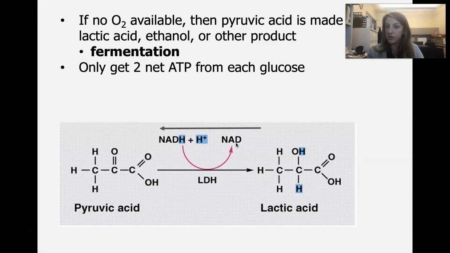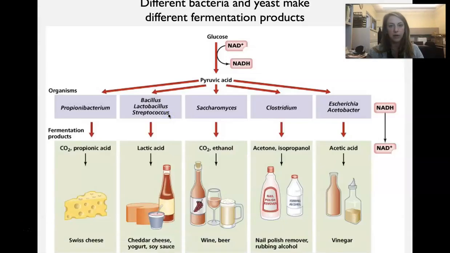And so bacteria do this too, where they're relying almost entirely on anaerobic respiration in some cases. We also use this process in bacteria and yeast to make a whole bunch of different products. Our muscles make lactic acid, but some of these bacteria and organisms make other stuff that we like. Cheese is made as a fermented product. Lactic acid can be used to make cheddar cheese, yogurt, and soy sauce.